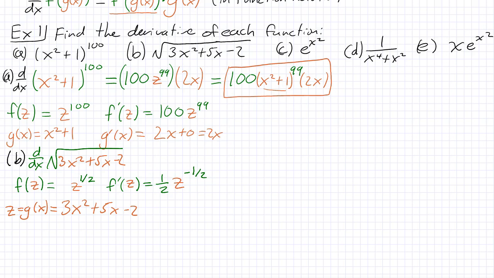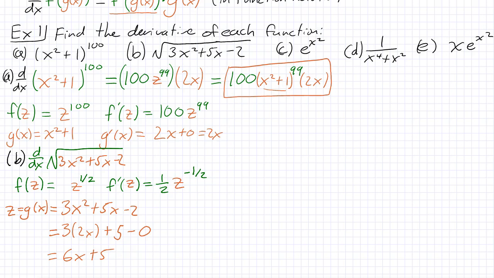And the derivative of g here is going to be 3 times the derivative of x squared. The derivative of x squared is 2x, so that is 3 times 2x, plus the derivative of 5x is just 5, and then the derivative of 2 is 0, so you just get 6x plus 5.